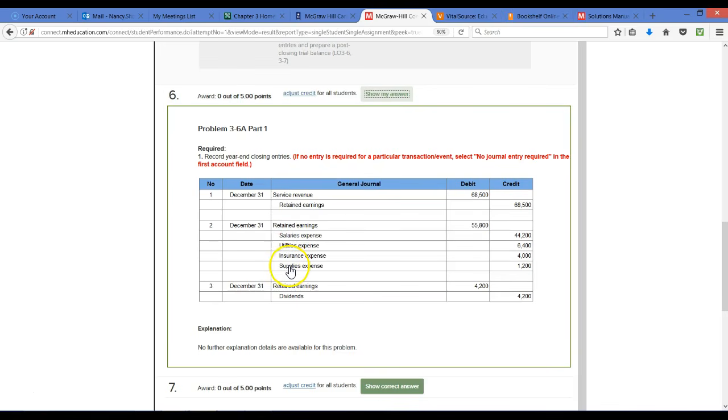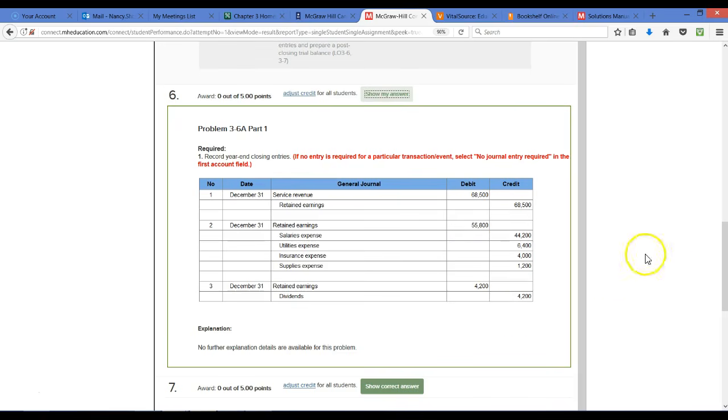We're going to total them and put one sum of $55,800 into a debit to retained earnings. Then, to zero out our dividends, which has a normal debit balance, we are going to credit dividends of $4,200 and debit that into retained earnings.